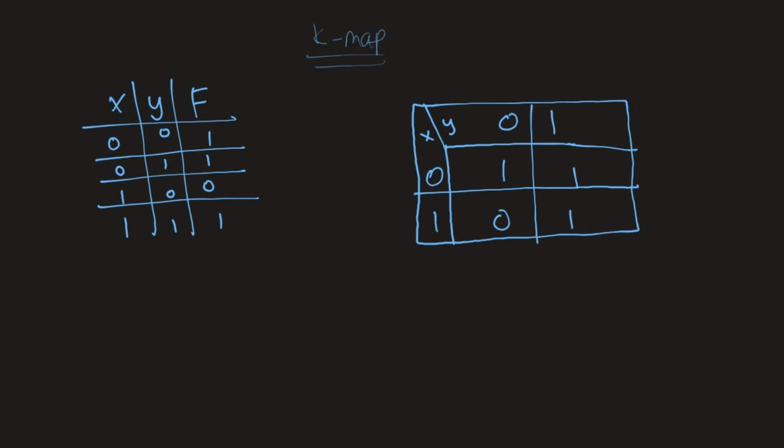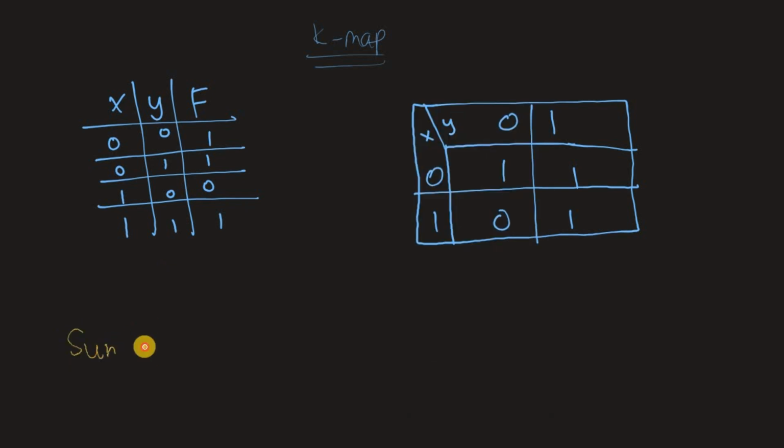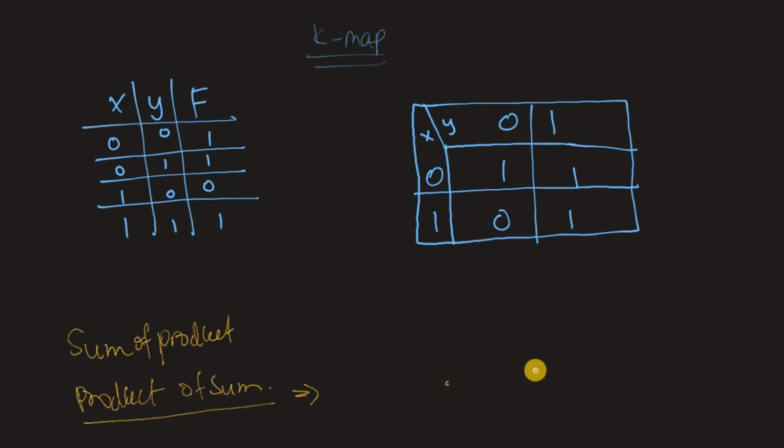Okay, now once you have filled the table, it's going to be given in the question whether you want to do sum of product or product of sum. If they're asking you to find product of sum, product of sum means you have the product in the middle and then you have sums.